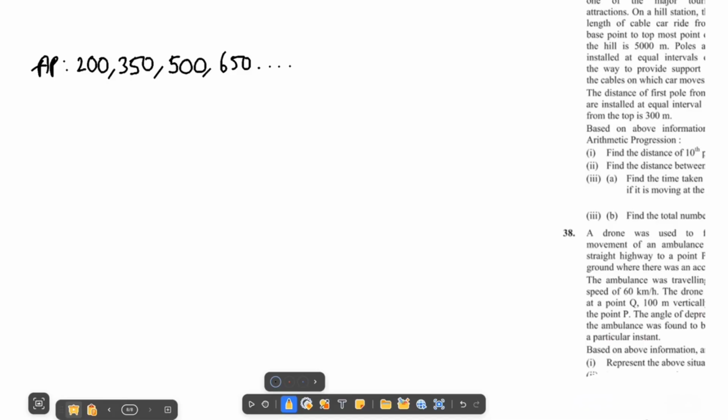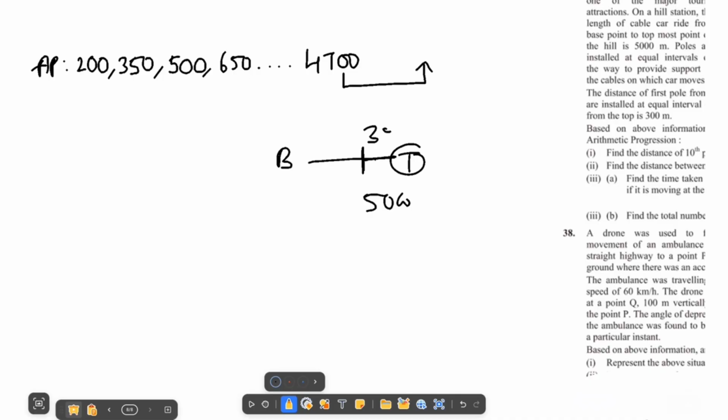Actually base point to top is 5000 meters, but the distance between the top and last pole is 300 meters, so from the base point to the last pole the distance is 5000 minus 300, that is 4700 meters.